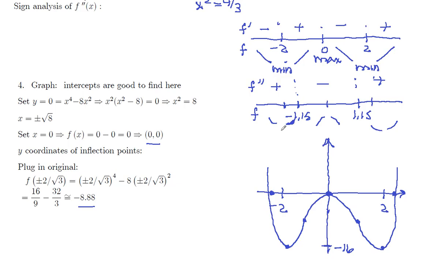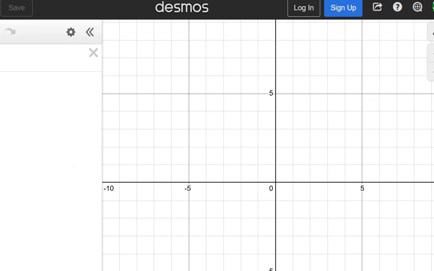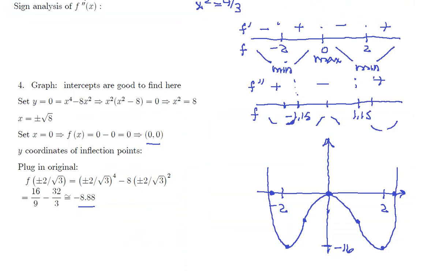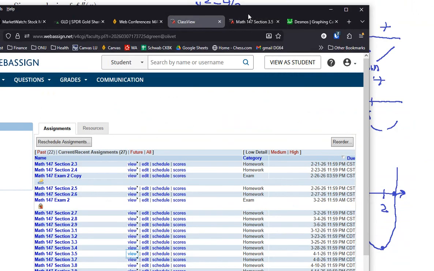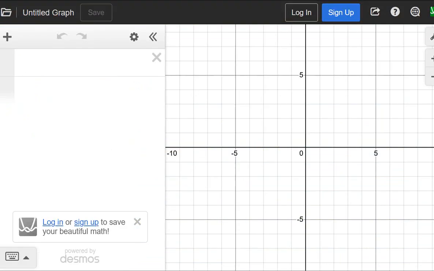And then we can double check this in Desmos if we want here. And let's go ahead and do that real quick. So let's see here. Go to Desmos.